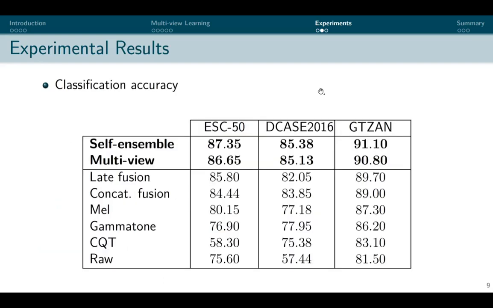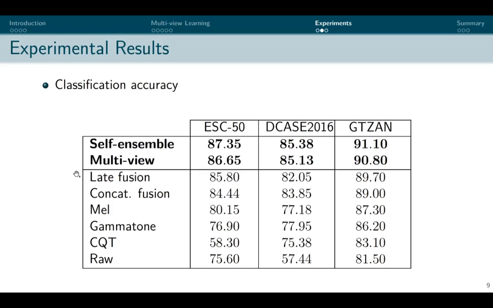In this table, I show the classification accuracy obtained by different systems on the experimental databases. We have the self-ensemble obtained by our network, and the multi-view output indicates that we used the output of the concatenation branch at the end.